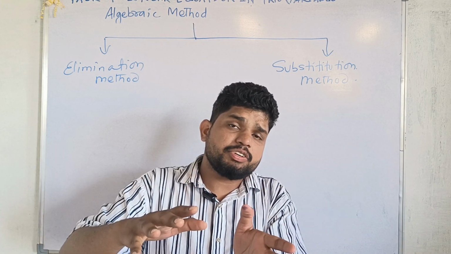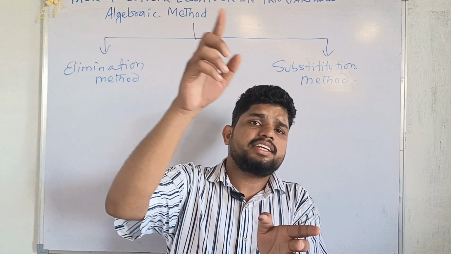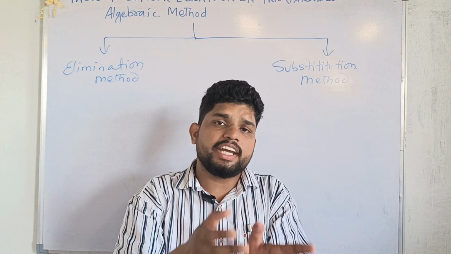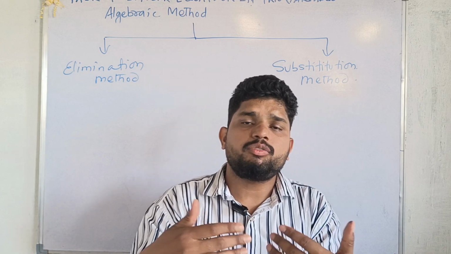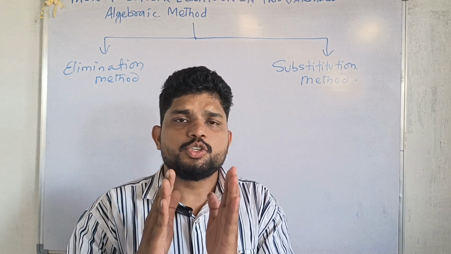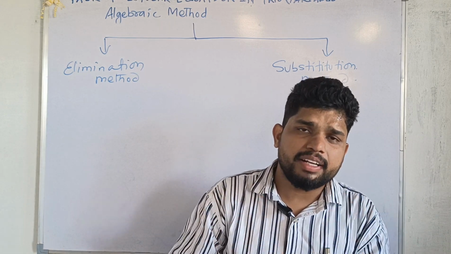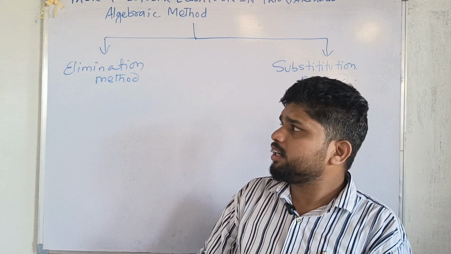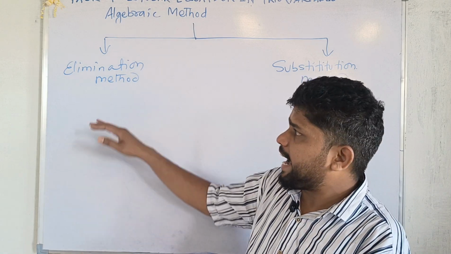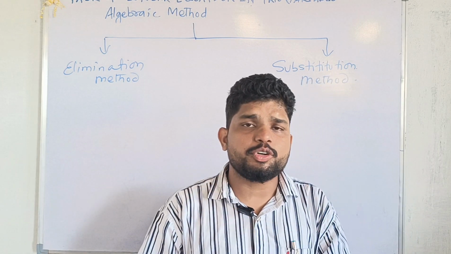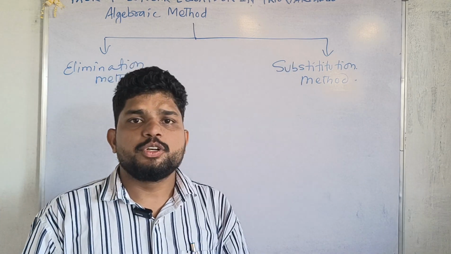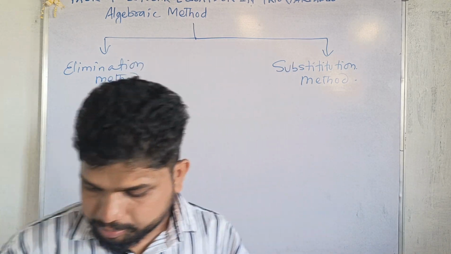We put equation number 3 into either equation 1 or equation 2 to solve for the values of x and y. So let's see the method by doing it. One by one we will solve the question under the elimination method, and the same question under the substitution method. Okay, so let me take one question.